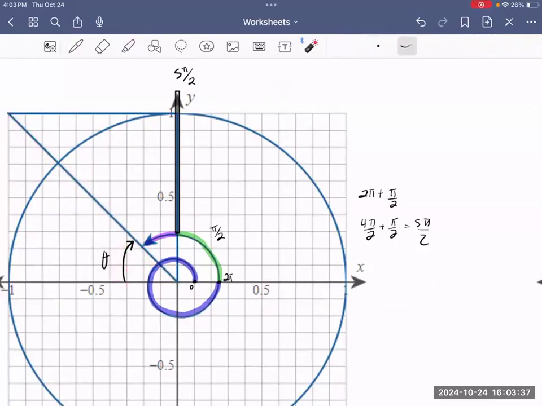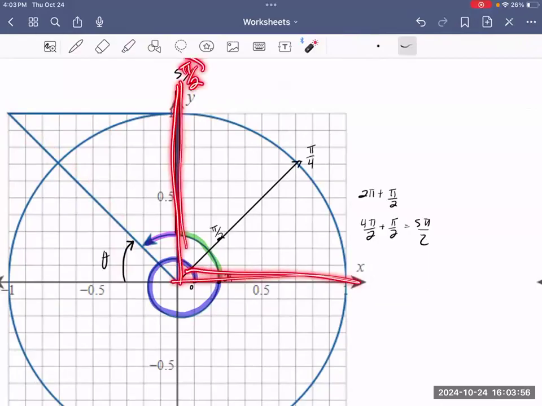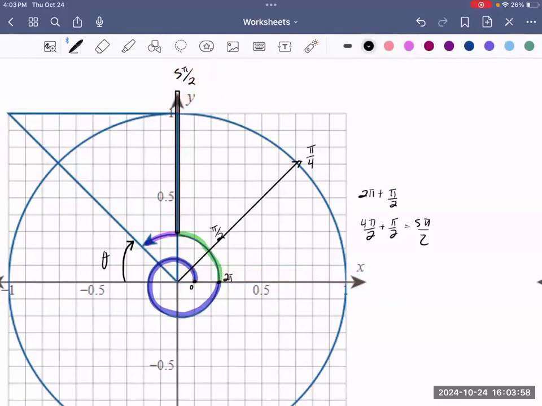So one more time, it looks like this ray is cutting your 90-degree angle in half, which, from your first quadrant, would be pi over 4. Right, pi over 4 is between 0 and pi over 2. We just cut this one in half. Meaning if this is pi over 4 amount, that also means that this one is pi over 4.